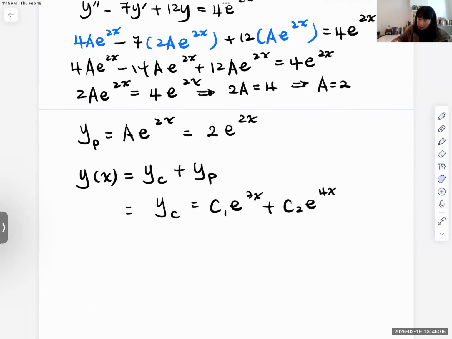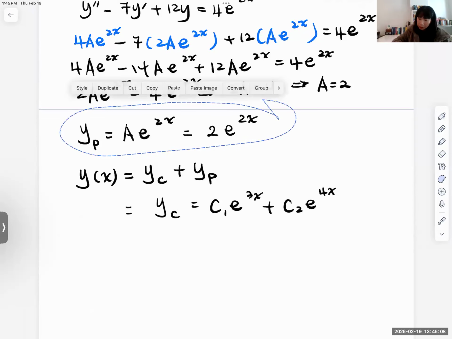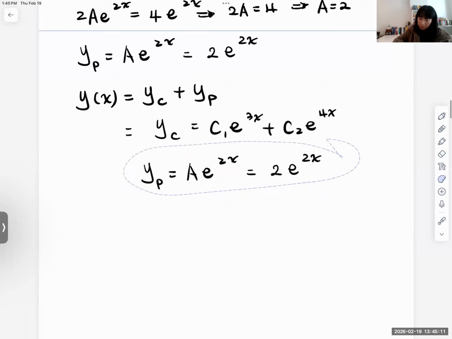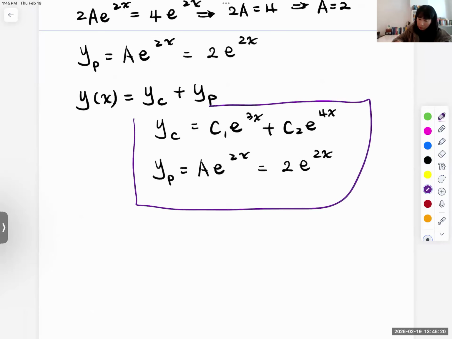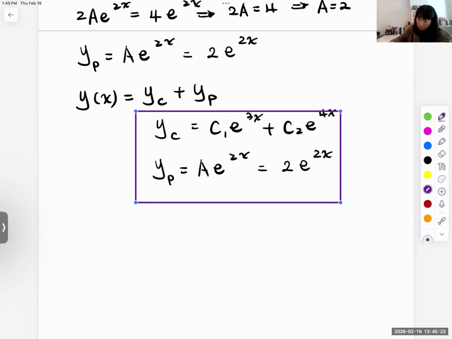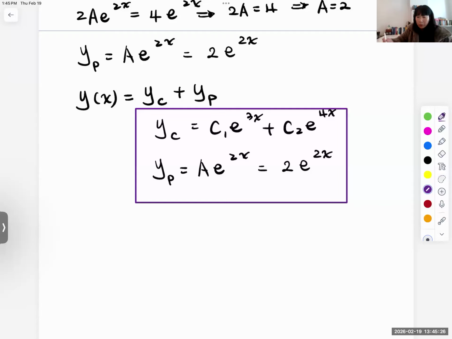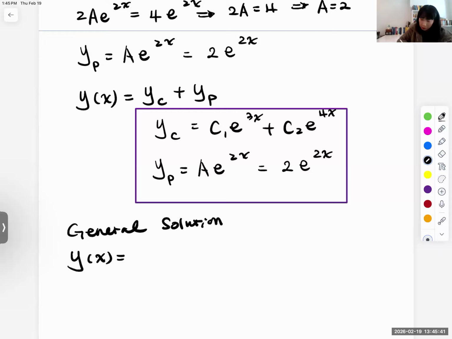And then the particular solution. So we get y of x, the general solution: y of x equals c sub 1 e to the 3x plus c sub 2 e to the 4x.